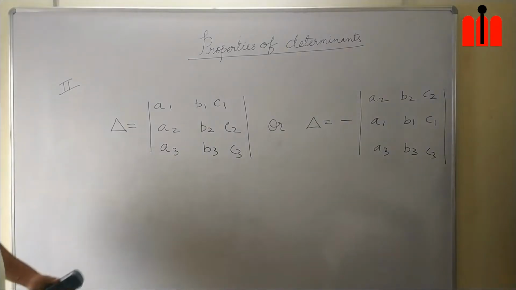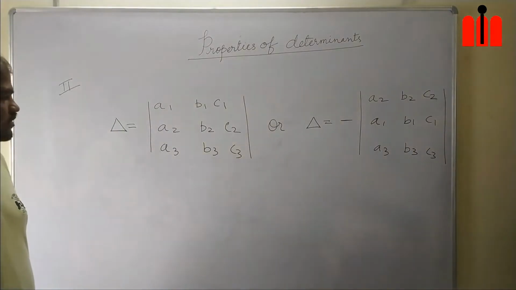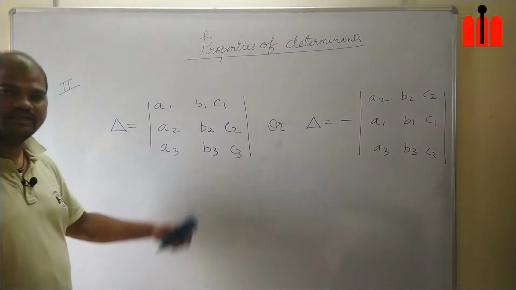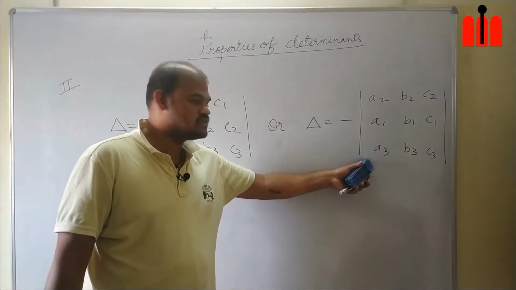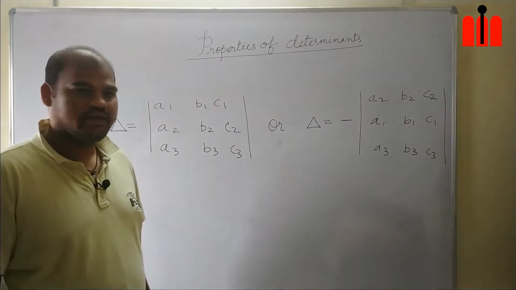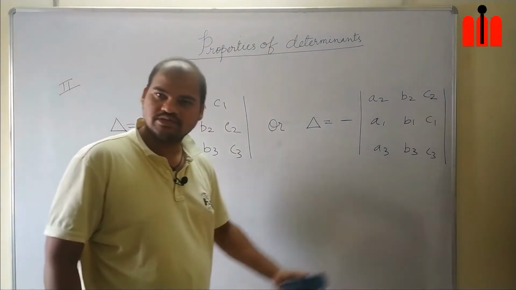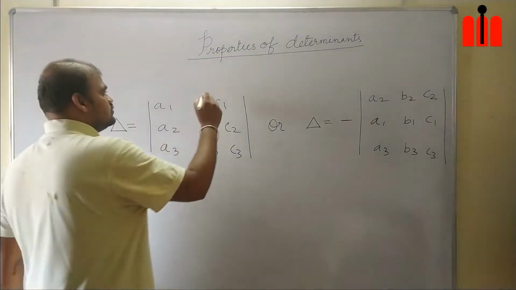Let's move on to property number 2. What does property number 2 say? This is our det, which we have taken by default, and this is another det. If the det changes from this to this, what is the change in these two?